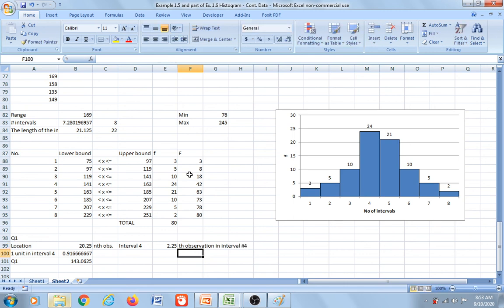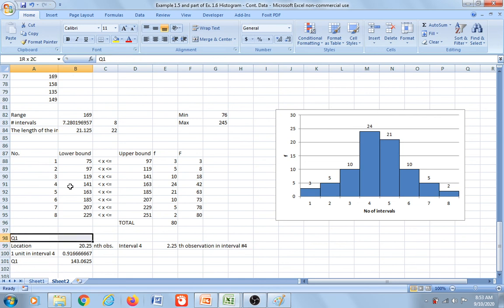Okay, and that's why in the formula the value of Q1 is the lower bound of interval number 4 plus how much is 1 unit in interval number 4 times the difference between 20.25 and 18, which is 2.25, and 2.25 is the location of the quartile 1 in interval number 4. Okay, I think that is clear.